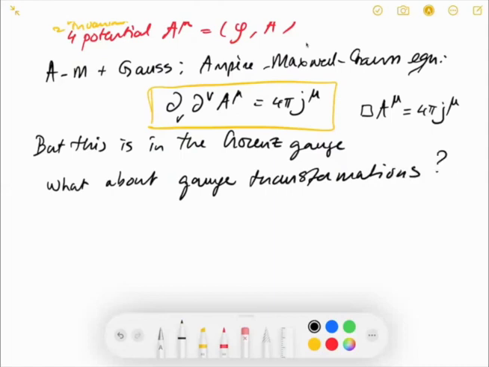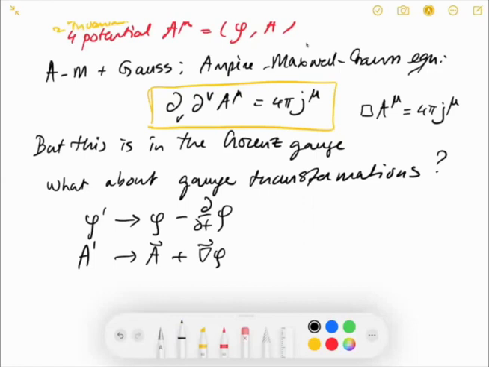Okay, so remember, we could do gauge transformations. Phi becomes phi minus ddt of psi. And we can write A as A plus the gradient of that. Oops, not phi, it's, of course, psi.